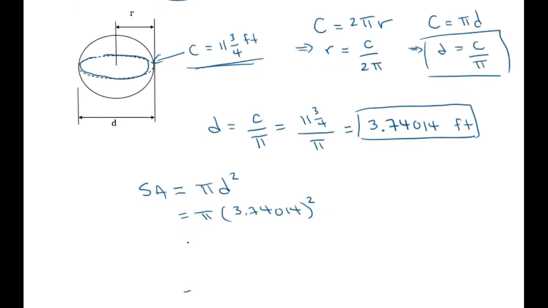Plugging into your calculator, I end up getting 43.9466, etc., and I'm going to round that to 2 decimal places. So approximately equal to 43.95. And remember, surface area is an area unit. I'm dealing in feet, so this is squared feet coming out.